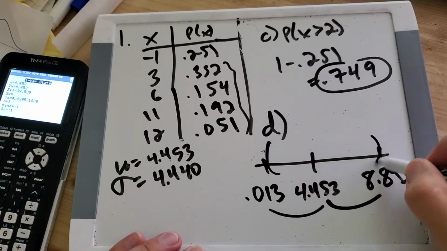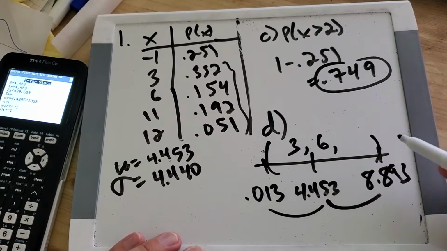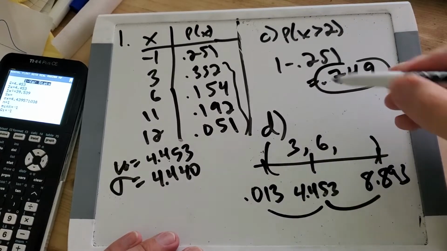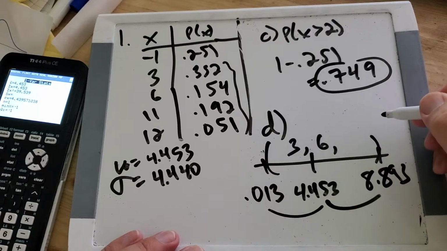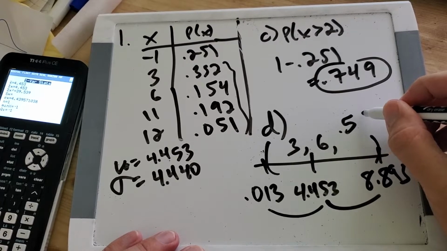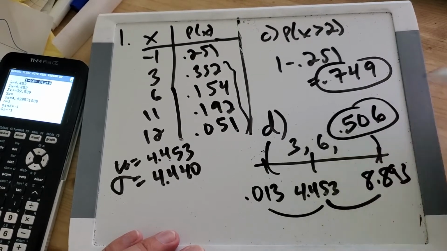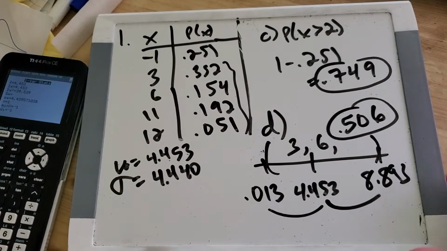So what's in there is going to be 3 and 6, and that's it. If you add 3 and 6 together, I get 0.506. So just over 50% for part D is within 1 standard deviation of the mean.